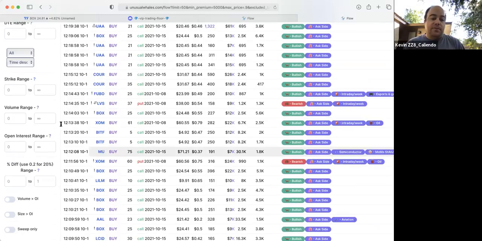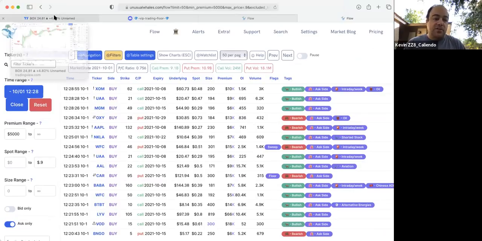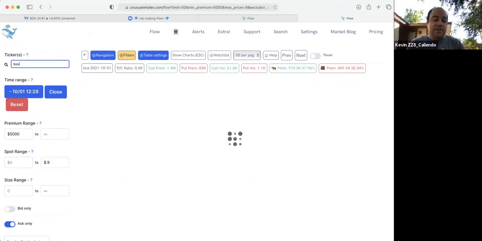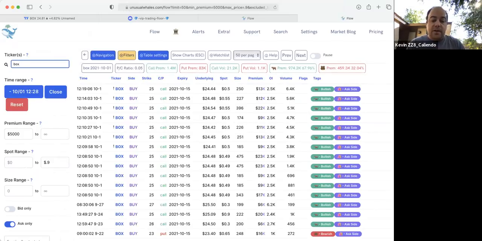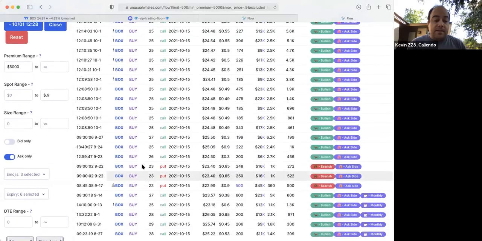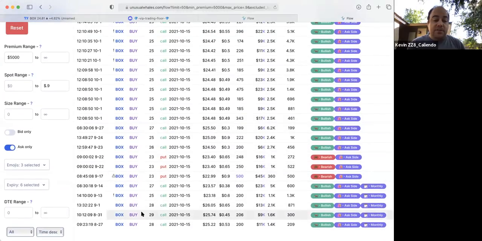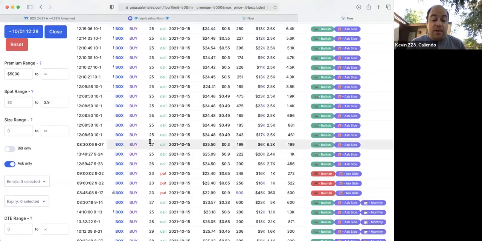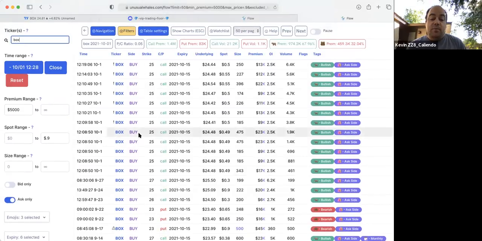Now, before I enter, I'm watching the chart, I'm looking at the flow, and I go ahead and type the Box ticker in here, and just see what's going on. Not a lot of interest in this stock up till this point. We had a few buys in the morning, so some people definitely got in a little before things got going, or a few days before.